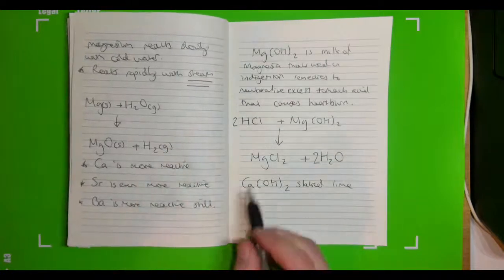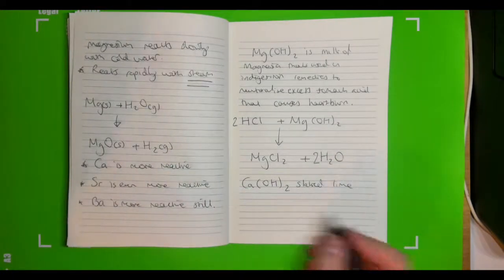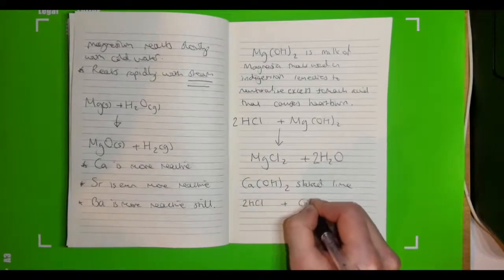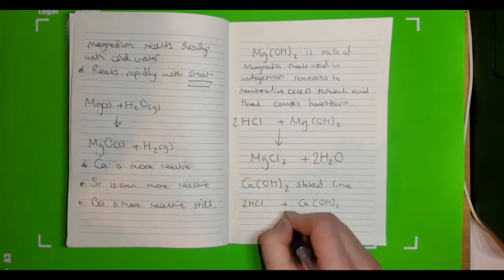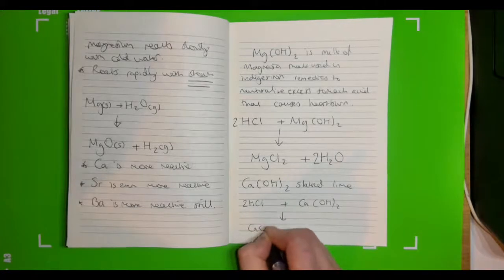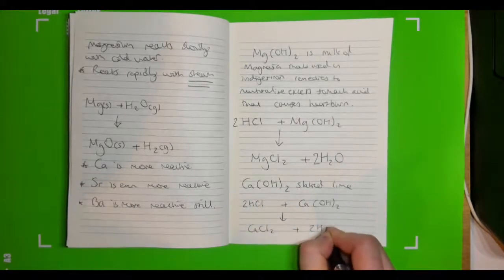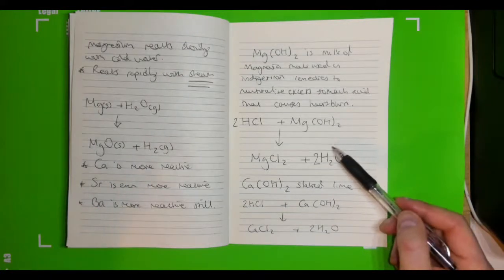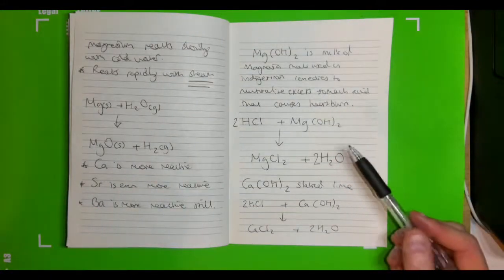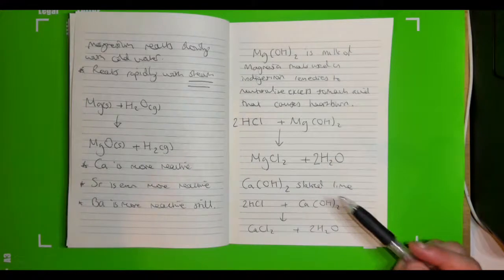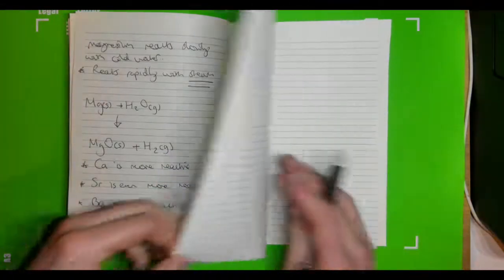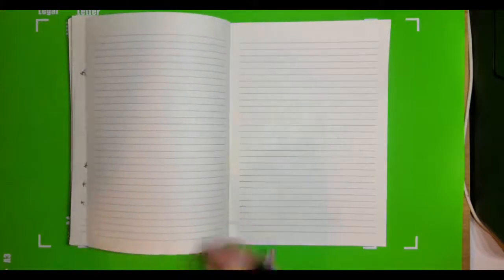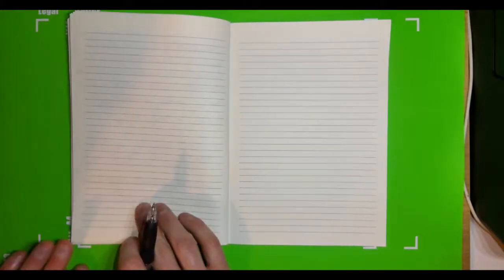So let's imagine that the acid is hydrochloric acid. See here, the equation is very similar to milk of magnesia used as an indigestion remedy. Magnesium is actually used for the extraction of titanium as well.